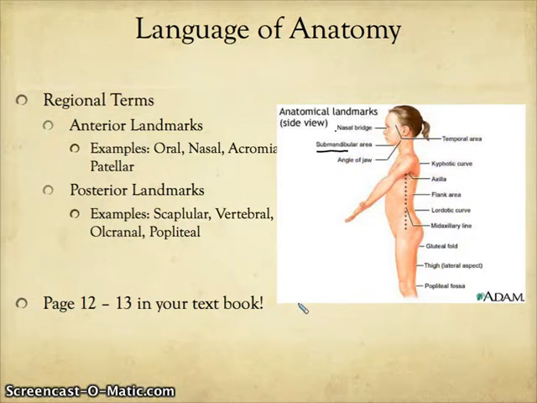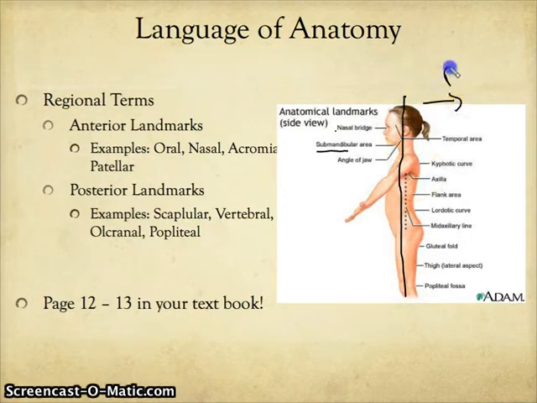So we have anterior landmarks and posterior landmarks. That's usually how it's broken down. What we've done is divide the body by a coronal plane, so we have front and back. These are the terms that we can see from the posterior and the anterior, and you've just got to work through them and get them memorized.